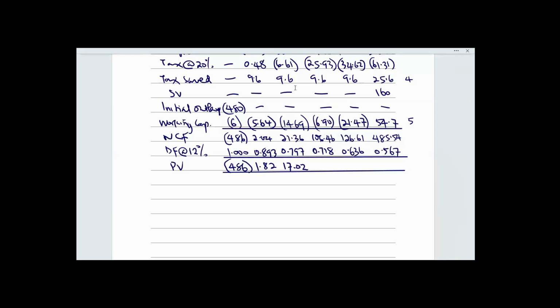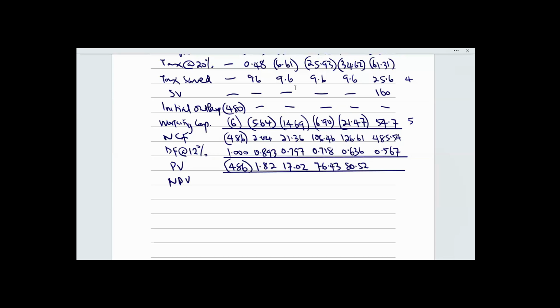Year 3, 106.46 multiplied by 0.718 is 76.43.